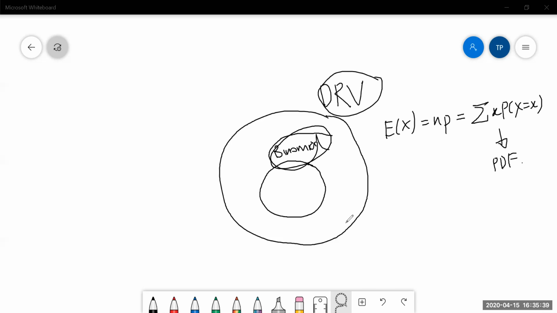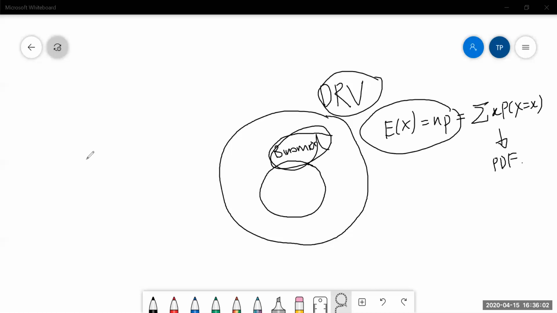So how do you identify whether it is binomial or a discrete random variable? You identify all of it as a discrete random variable. It's just whether you can use the binomial formulas to find the expectation. All binomial questions are actually discrete random variable questions.